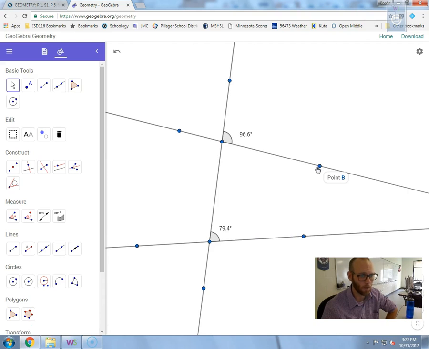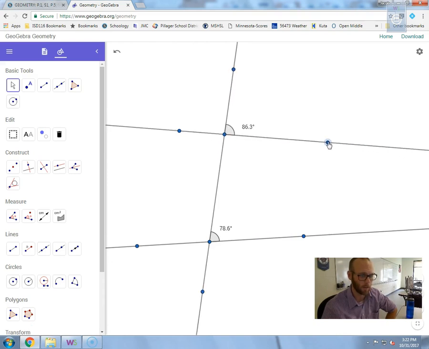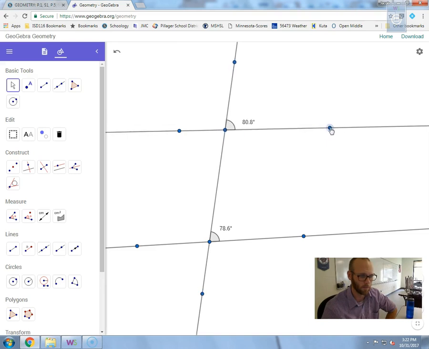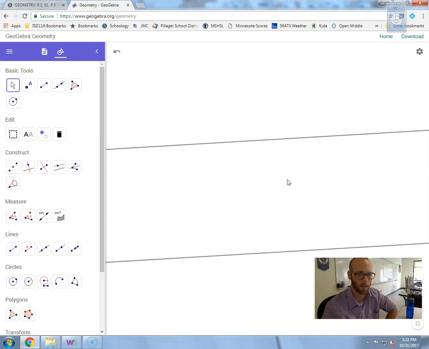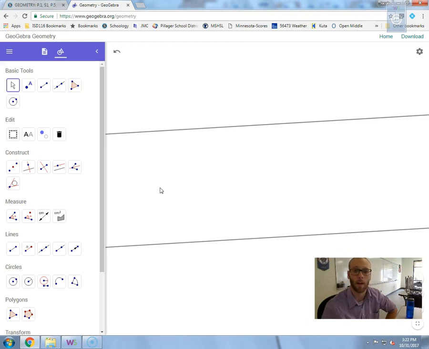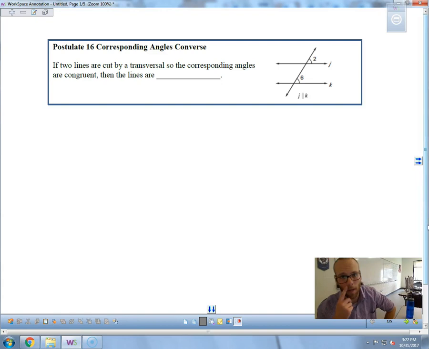What happens though, as I change my angle here? Oh, I had it a second ago. There we go. So now the corresponding angles are congruent. What's true about these two lines? They are parallel.